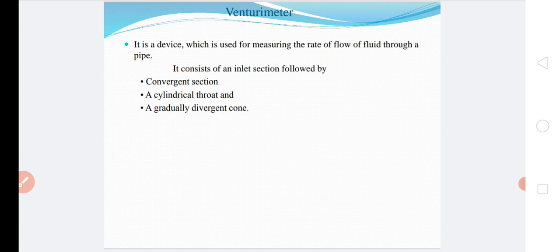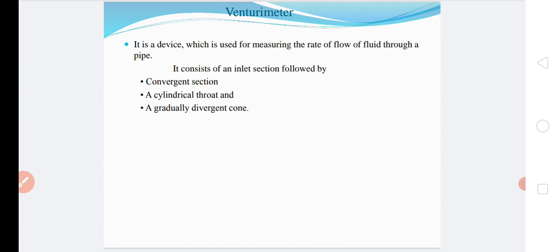It consists of an inlet section followed by a convergent cone, throat and divergent cone. The convergent cone is attached with the inlet section of the pipe, and the throat is the cylindrical mid portion of this venturimeter.